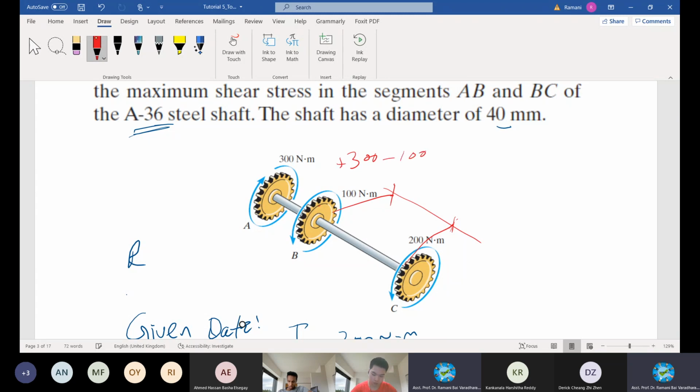It is reduced by 100 Newton meter at B. Moving on, the same value is continued, so BC will have 200 Newton meter. I repeat, here it is 300. Just before the point it is still 300, and then at this point, because of the 100 added, from this point onwards it will be 200, 200, 200, right?